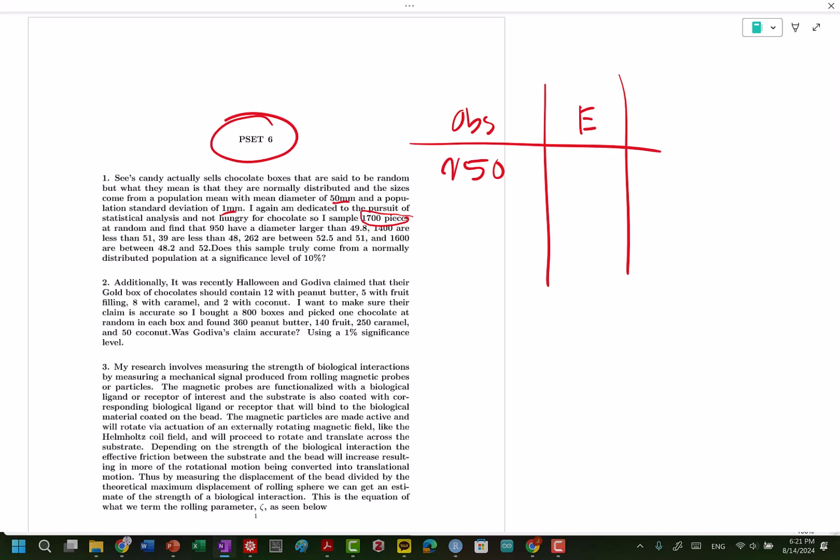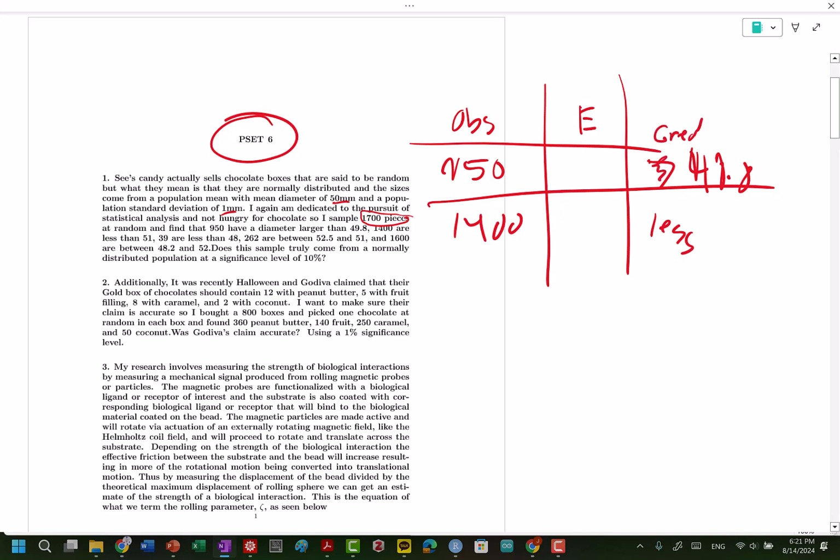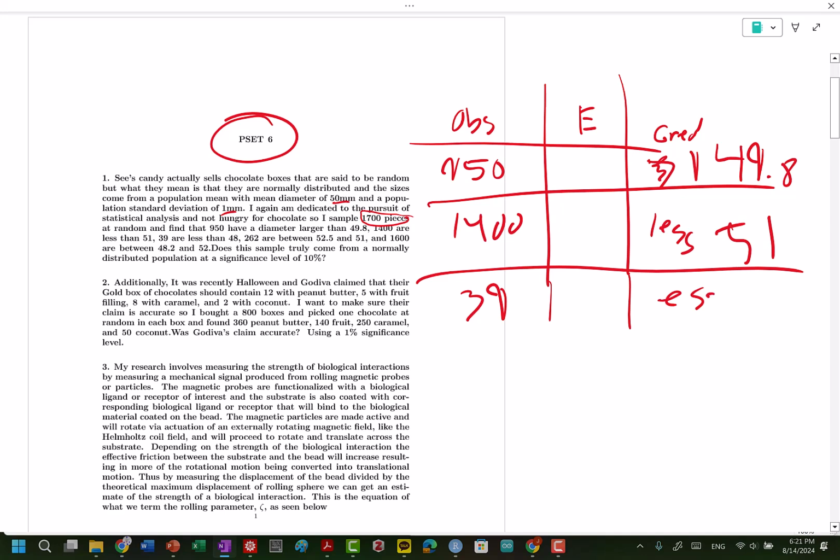So for diameter greater than 49.8, we have 950 observed. We have 1,400 that are less than 51, and 39 that are less than 48.